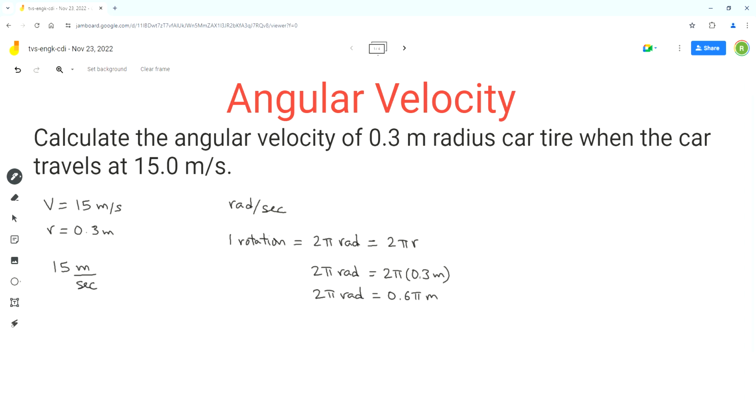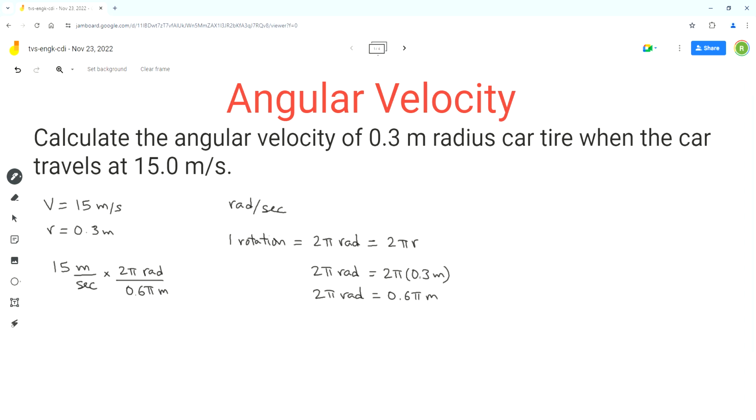So for every 2 pi radian rotation, the tire travels a distance of 0.6 pi meters. So we can use this conversion rate to change meters to radians in the given linear velocity. So we should multiply 15 meters per second by 2 pi radian over 0.6 pi meter.